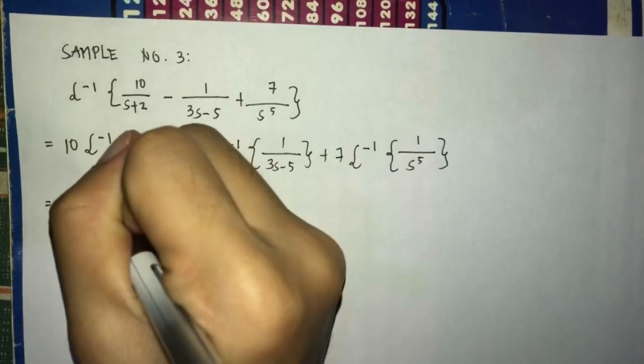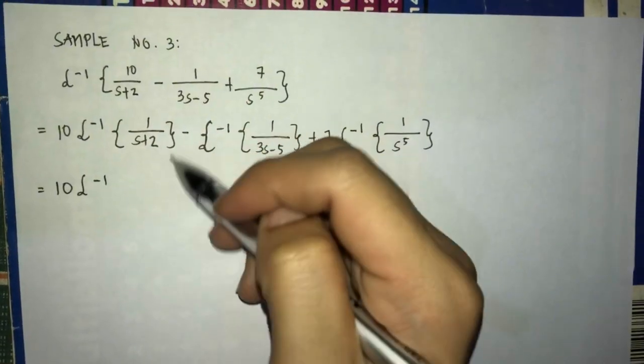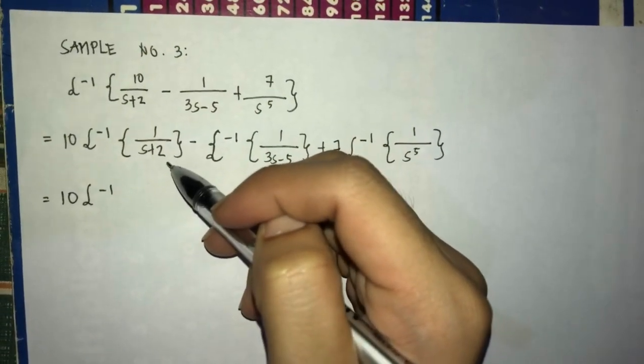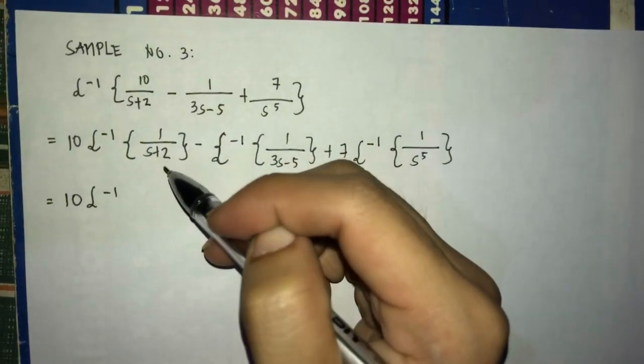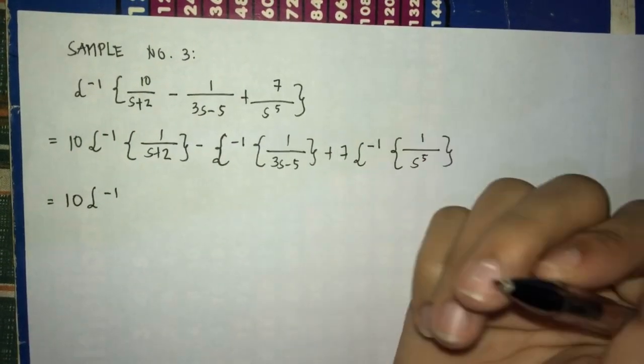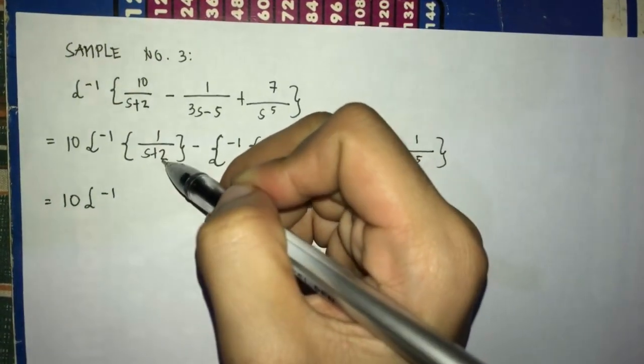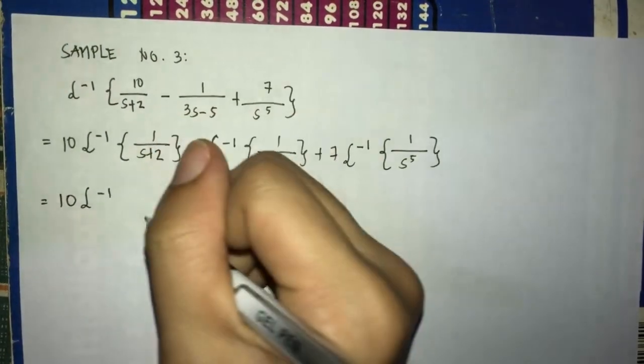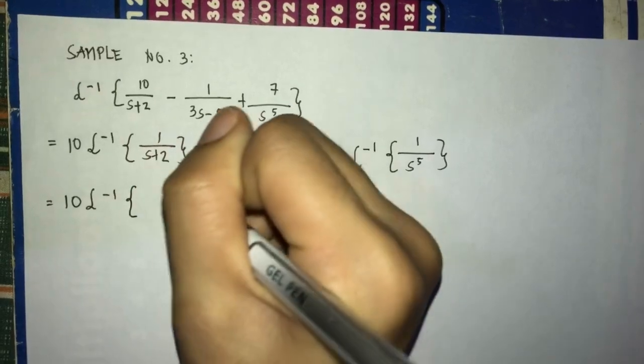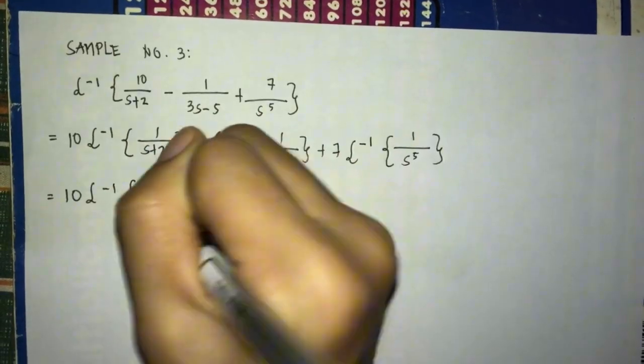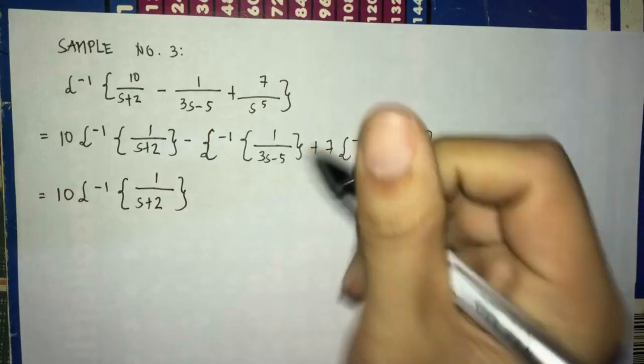So now, 10 times the inverse Laplace of 1 over s plus 2. We already know the inverse Laplace of this one, which is e raised to negative 2t. But we will write this one as 1 over s plus 2.